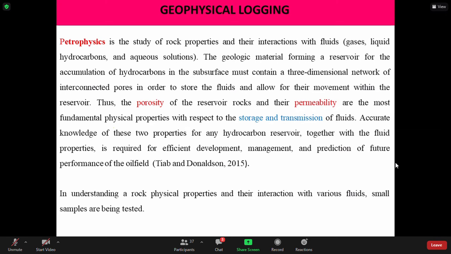Because even if we identify that this is our prospect zone, we discover that it is porous, that it is permeable, it's not all the hydrocarbon that is producible. What amount of the hydrocarbon is movable? What is the volume of hydrocarbon in place?